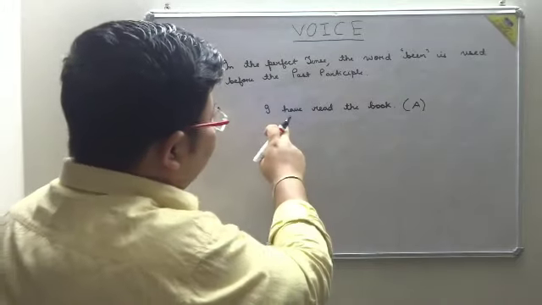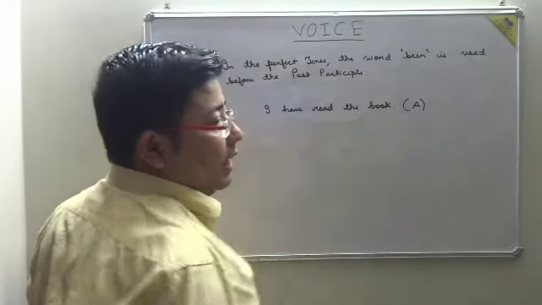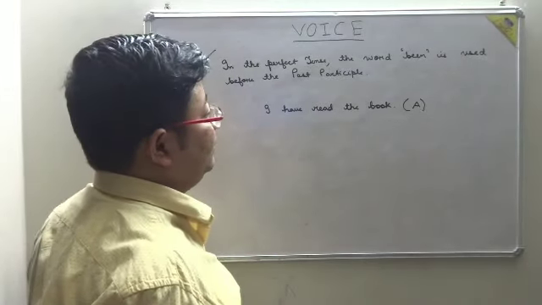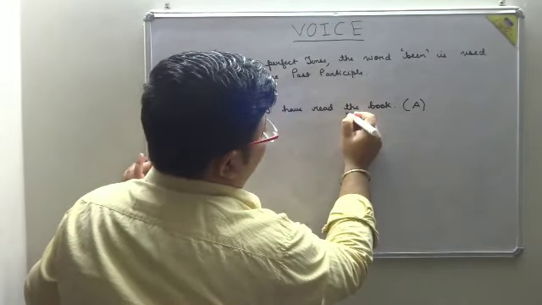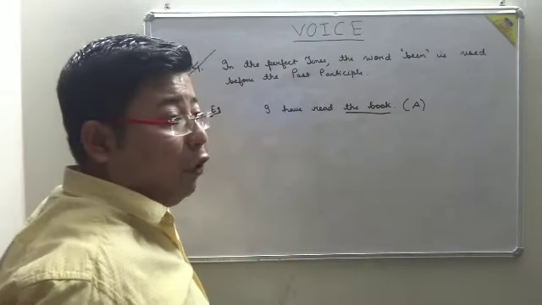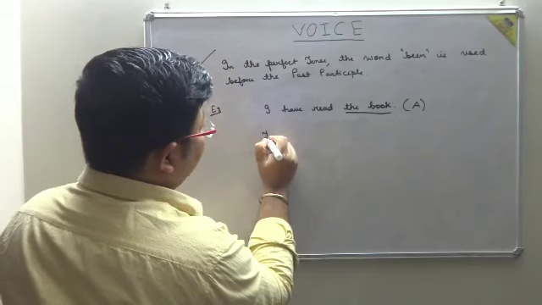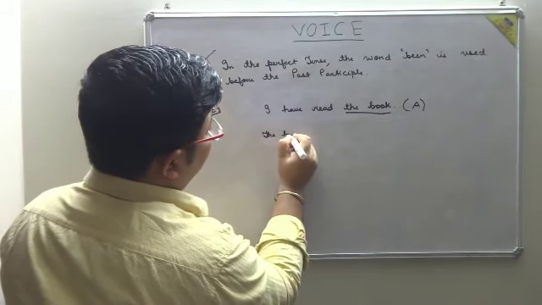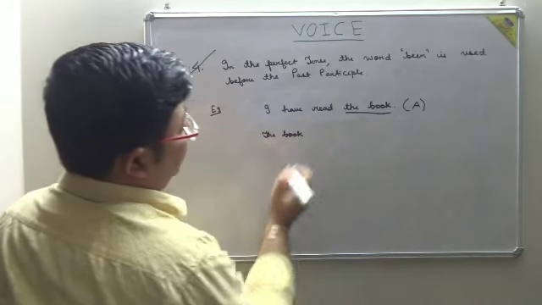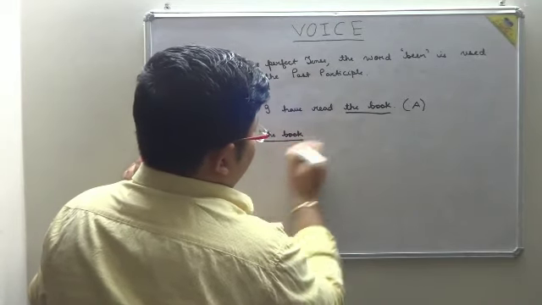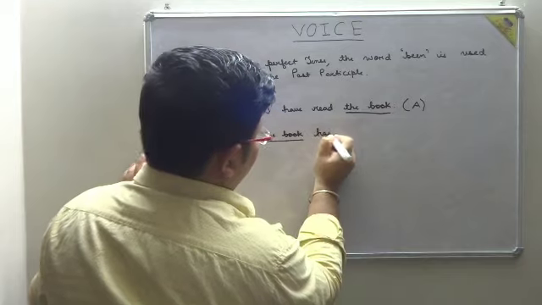Okay. Now I will convert this present perfect that is in active voice into passive voice. Now our object in active voice will become the subject in passive voice. The book. So has will come.